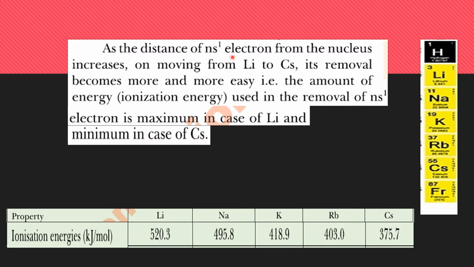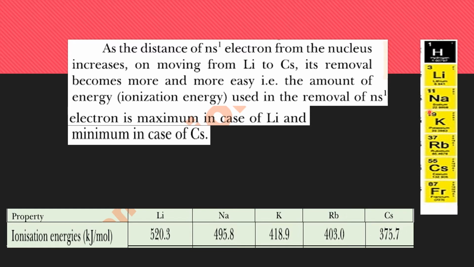As the distance of this ns1 electron from the nucleus increases, as we move from lithium to cesium, this removal becomes more and more easy. And why does this removal become more and more easy? Because the size of the atom is increasing. The pull of the nucleus on the valence electron decreases due to the increase in size.